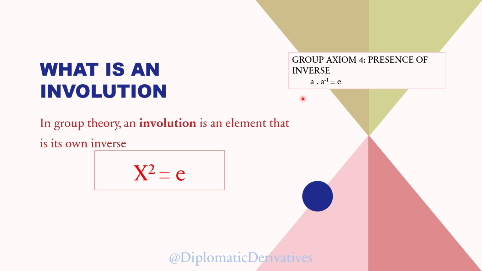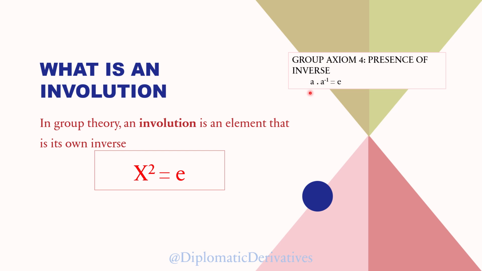That is, you take an element, you take the inverse of that element, perform the operation on it, and you will get the identity element, right? So when we say that an involution is an element that is its own inverse, it means that A is equal to A inverse, because A is its own inverse.